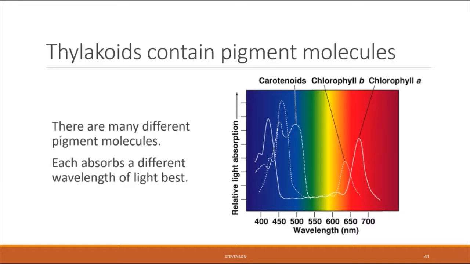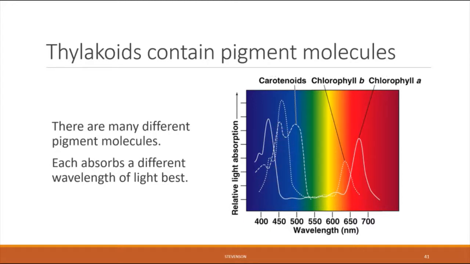And on the graph, it shows you a spike for the type of light color that pigment likes to absorb best. For example, we can see that chlorophyll A, one of the pigments, is very, very good at absorbing red wavelengths of light. We can see over here that carotenoids are very good at absorbing blue wavelengths of light.